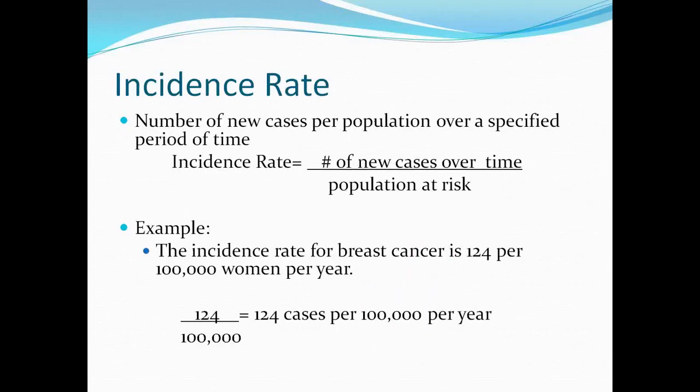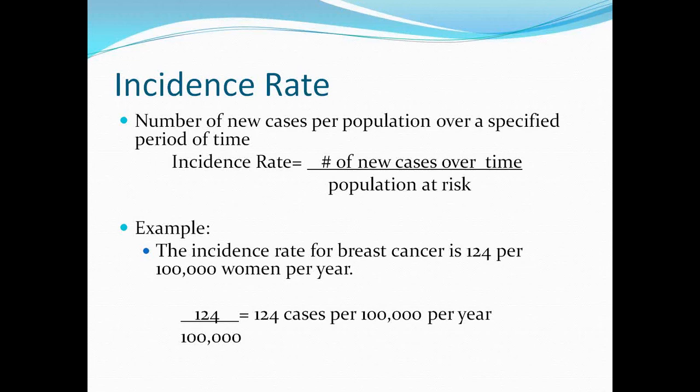And incidence is actually better expressed as a rate with a denominator. So the incidence rate is defined as the number of new cases of a disease in a population over a period of time. So the numerator is the number of new cases during a specified period of time, and the denominator is the population at risk.